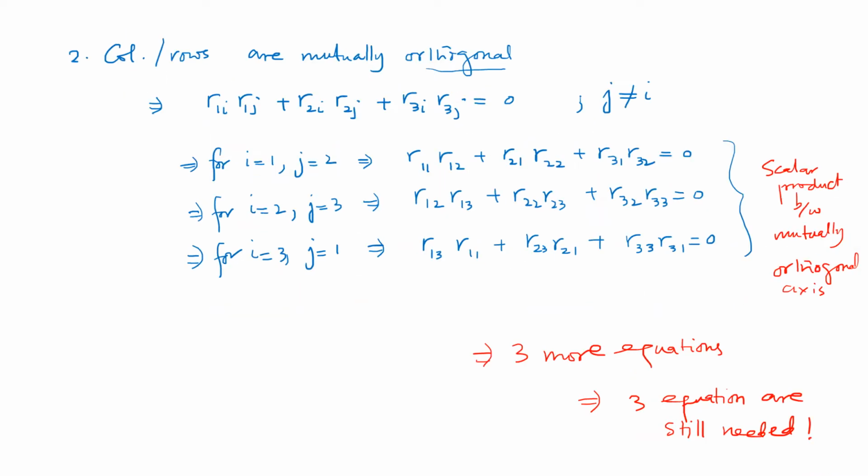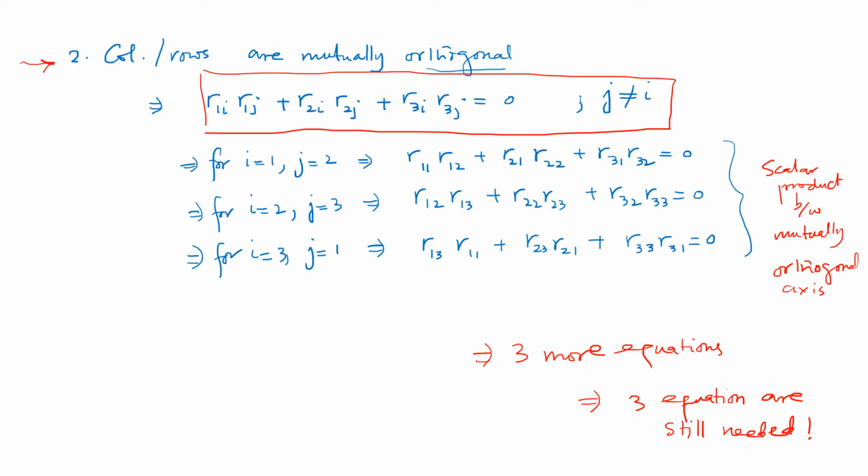And then we said why not use another property of the special orthogonal matrices to help us out. And that was when we said that the columns and rows are going to be mutually orthogonal. When we exhaust this property, we observe that this is going to be the expression, and that is going to give us 3 more equations out of the remaining 6 equations. So that was done, but still there are 3 more equations to be found out.